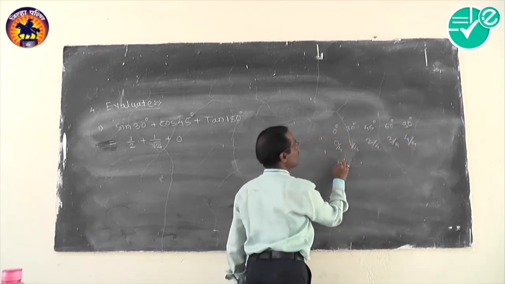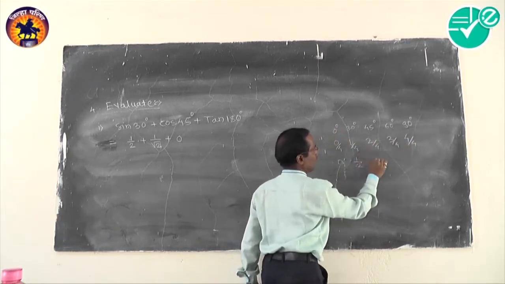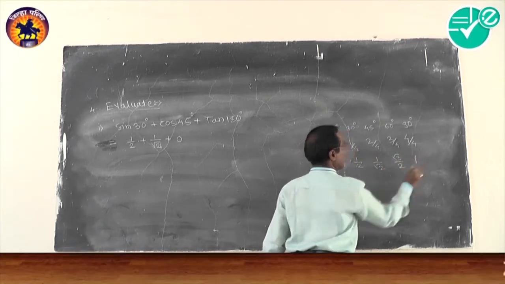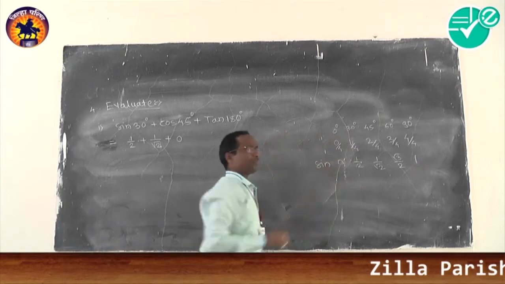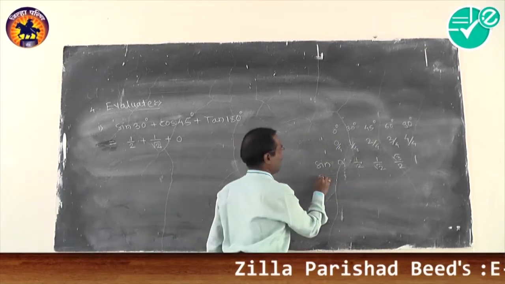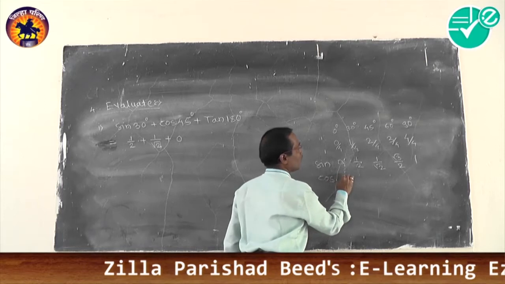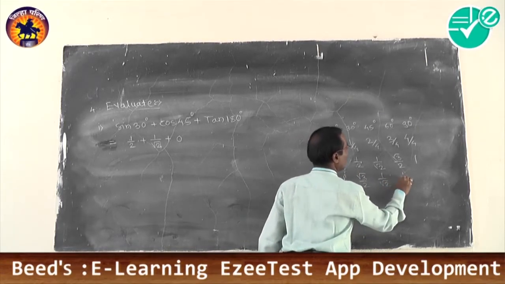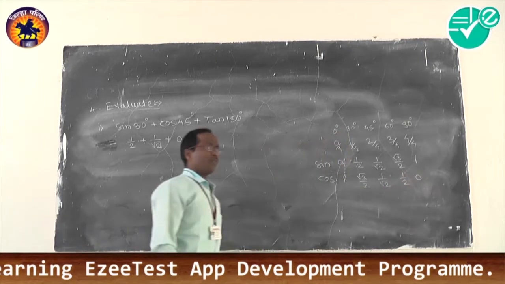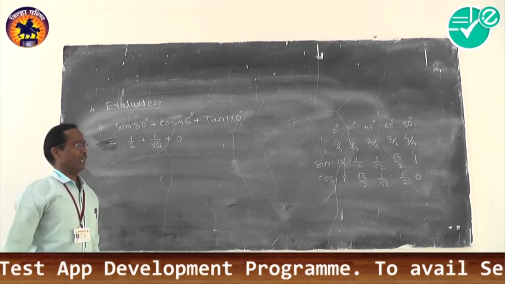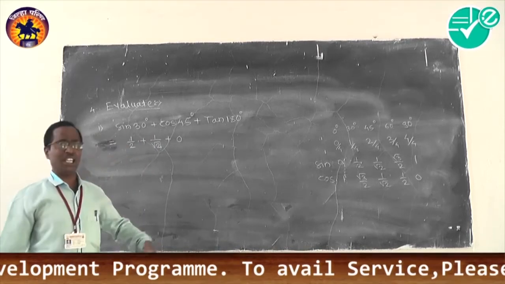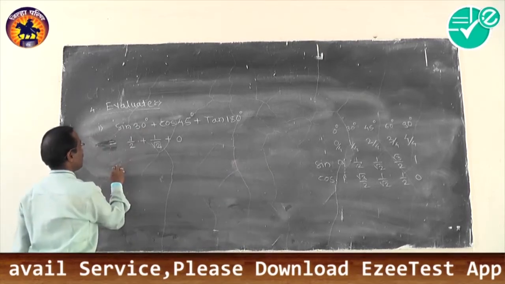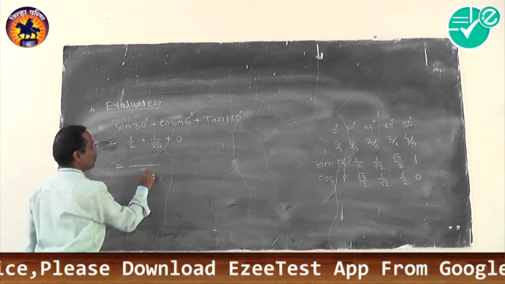So we get 0, 1 by 2, 1 by root 2, root 3 by 2 and 1. These are the values of sine. Now write them in reverse order and we get the values of cos: 1, root 3 by 2, 1 by root 2, 1 by 2, 0. If you don't know the values of trigonometric functions, then we can find them easily by using this method. So we get the LCM 2.